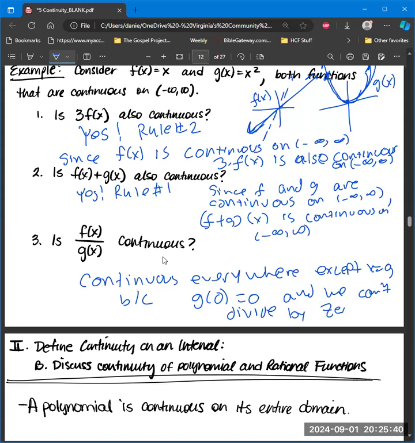That was the only 0 of g of x that I need to worry about. So we're going to be continuous on the intervals from negative infinity to 0, union 0 to infinity, but we'll be discontinuous at x equals 0.